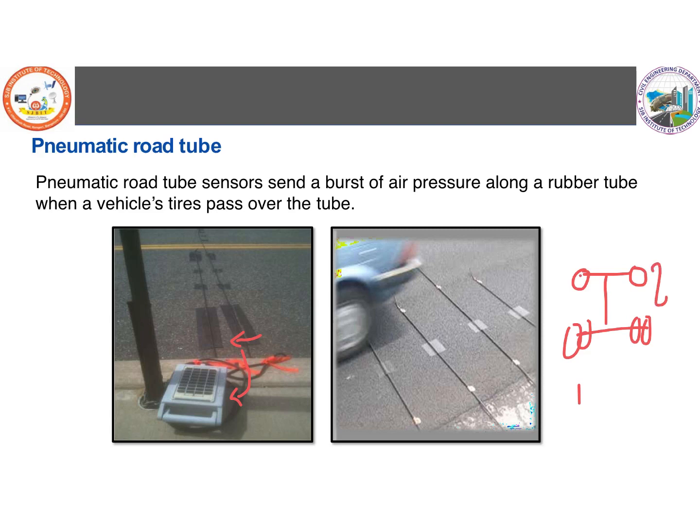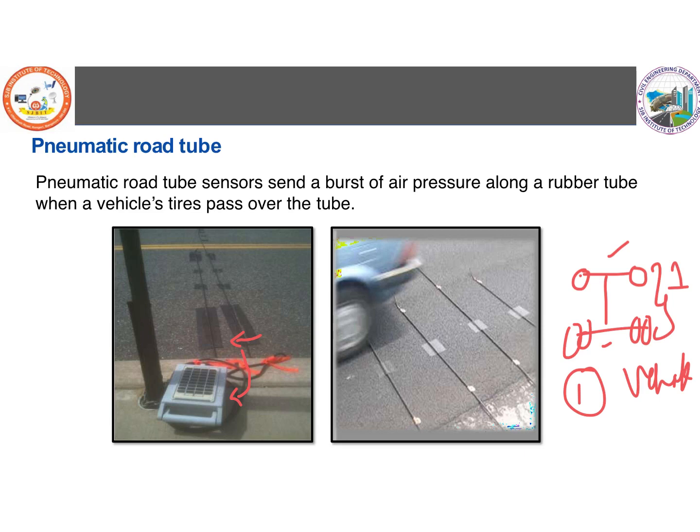That means if two wheels pass, that is recorded as one vehicle. The passage of the two axles, the front axle and the rear axle, is counted as one vehicle. Like that, the passage of each and every vehicle can be recorded with the help of the pneumatic tubes, which are nothing but rubber tubes.